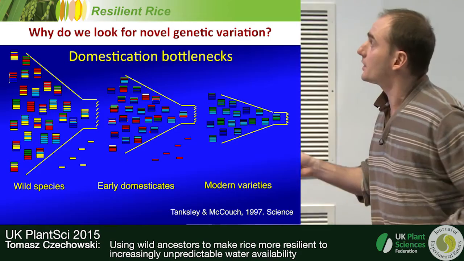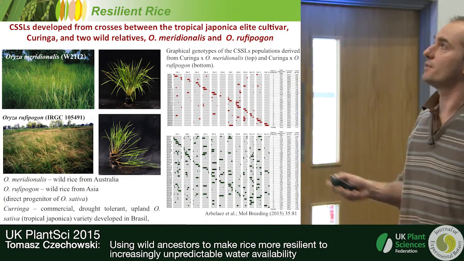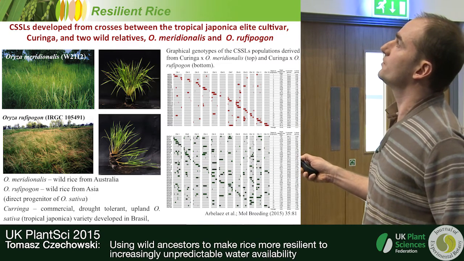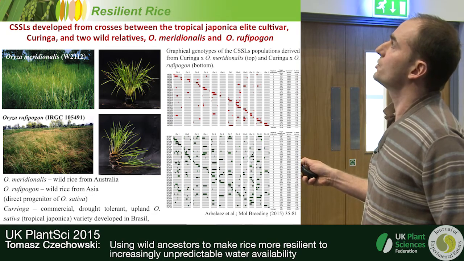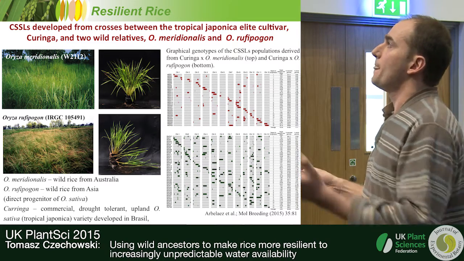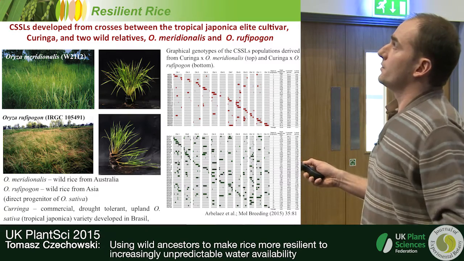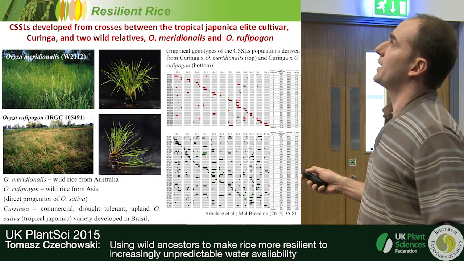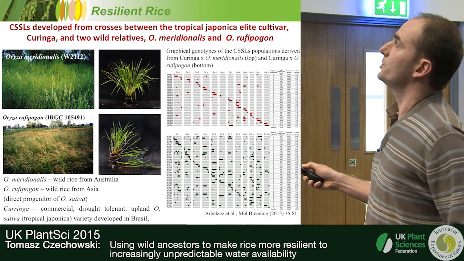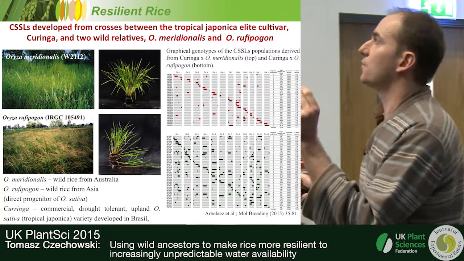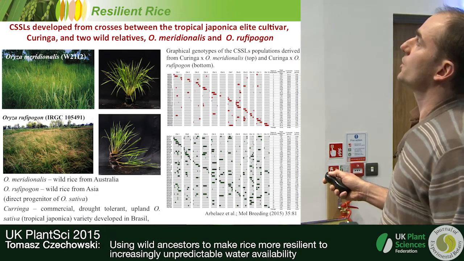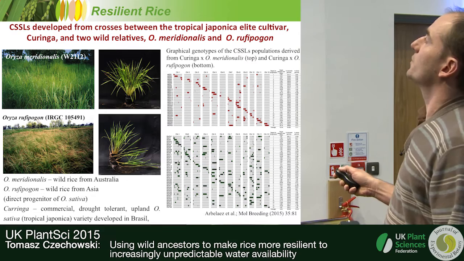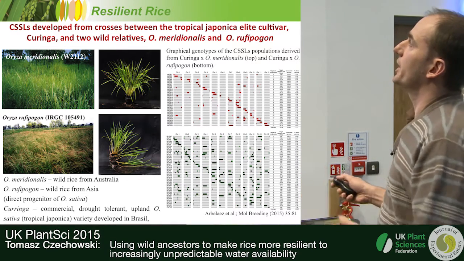And how can we fix it? There is a clever way of introducing these wild alleles back into commercial varieties, called chromosome segment substitution lines, where you basically cross your favorite high-yielding variety to the wild relative, and then in a series of backcrosses and selfing, you end up with lines which have just a small fragment of the genome, represented here in color, coming from the wild rice, the wild ancestor, and the rest, in all the 12 chromosomes, is the background of your high-yielding variety.